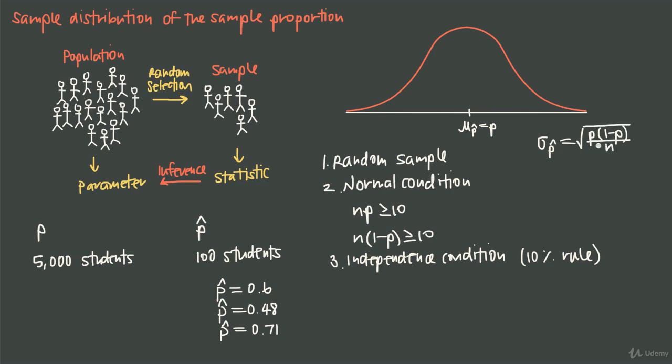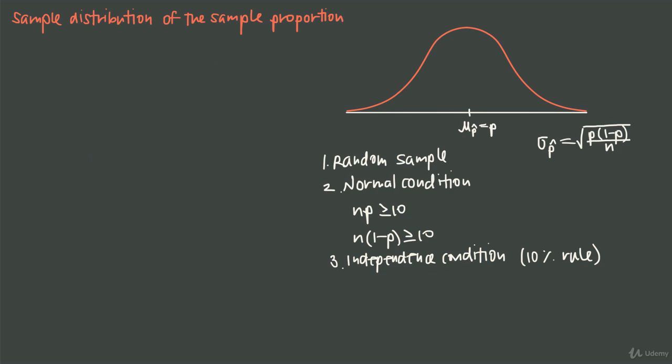Now keep in mind that for some problems, you're going to have the population proportion p, in which case you'll want to use that. But other times, you're not going to have the population proportion, and in that case, you can substitute the sample proportion p hat for this population proportion p.